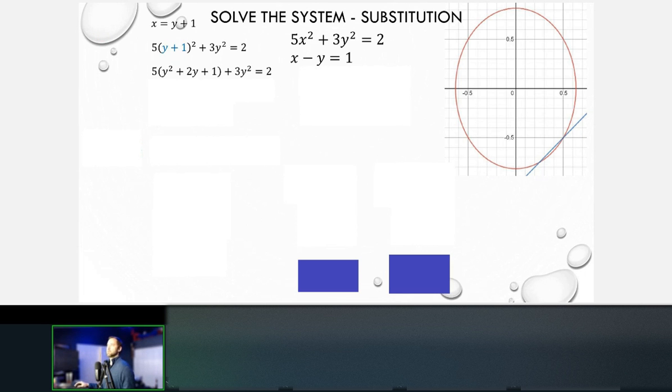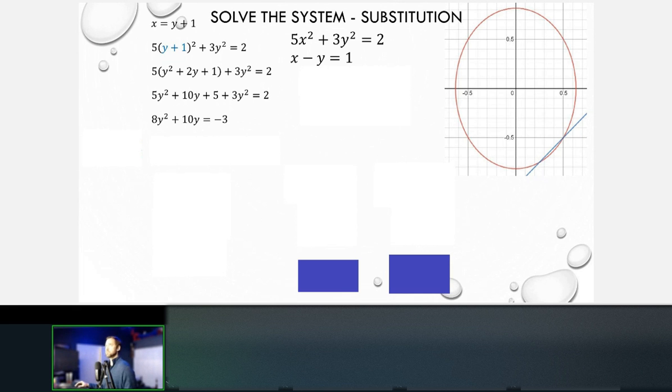All right, so let's go ahead and distribute that 5 if you haven't already. So get down to here. We combine like terms. So in this step, the way that I'm going to approach this problem, we could possibly solve by factoring, but I'm going to solve by completing the square. So I'm going to move the constant over to the right-hand side.